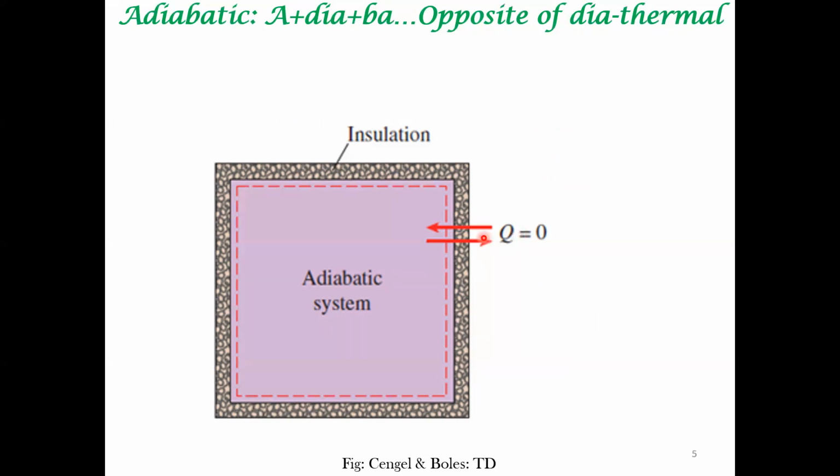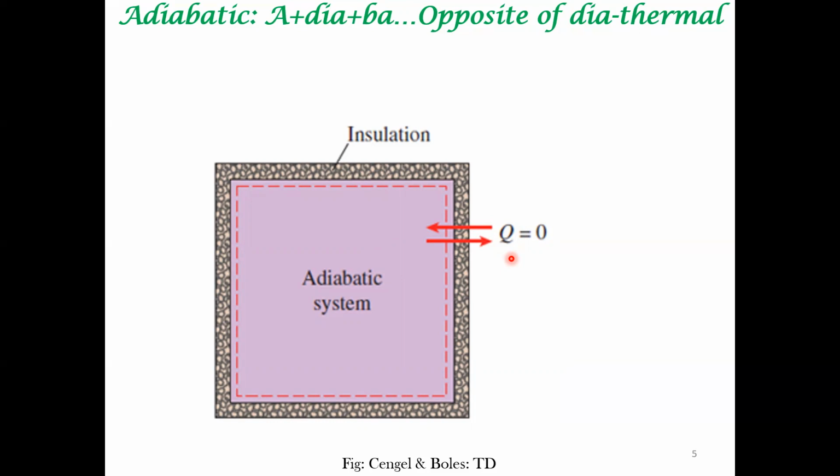What we mean by adiabatic wall is a wall that is perfectly insulated. There cannot be heat transfer between the system and the surrounding, even though there is a temperature difference. You can think about many systems that approach this adiabatic wall.